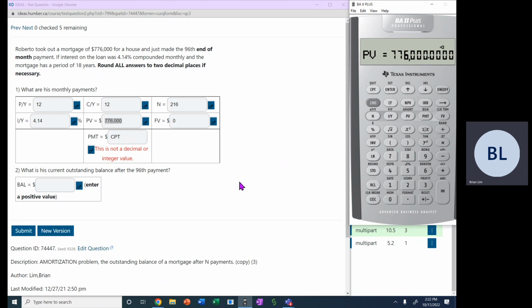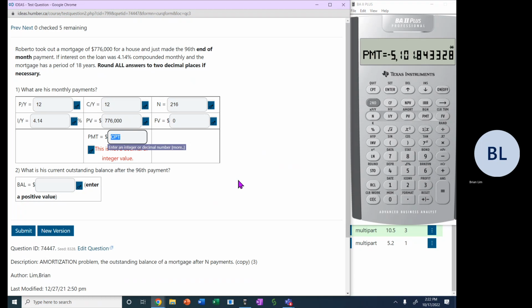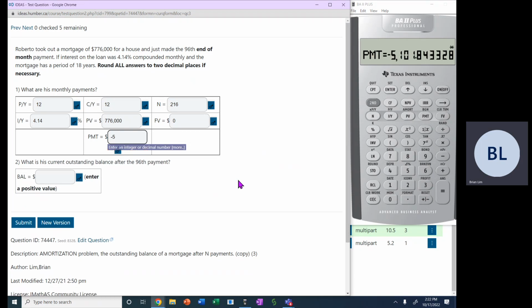The future value is 0, so we enter 0 for the future value. Then we compute the payment, and the payment works out to be, well, we could insert a negative number there, $5,101.84, rounded to 2 decimal places.